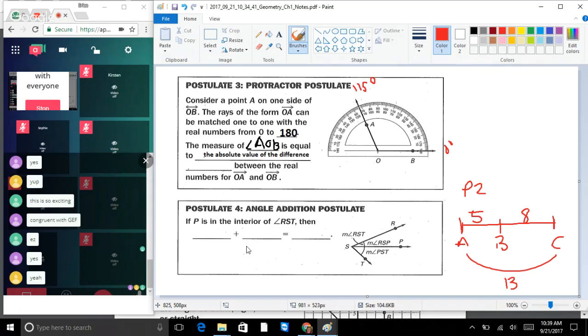All right. So guess what? Postulate 4 has to do with angles, and it's the same thing. It looks like a lot of words, and it is a lot of words, but it's basically the same thing.